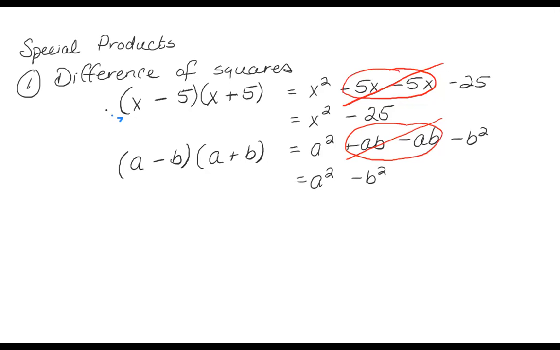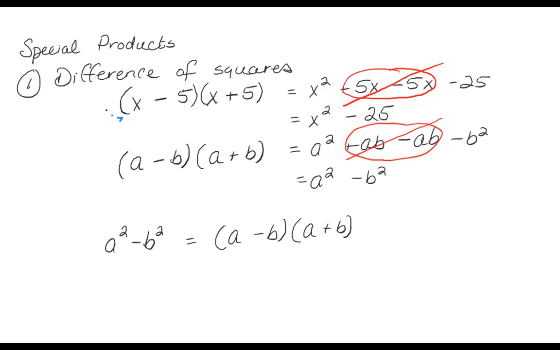So the difference of squares formula for factoring is just going to be to use that in the reverse direction. If we have a squared minus b squared, then we can factor it as a minus b times a plus b. We just have to identify what those perfect squares are.